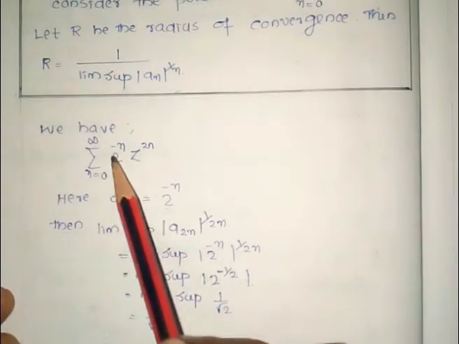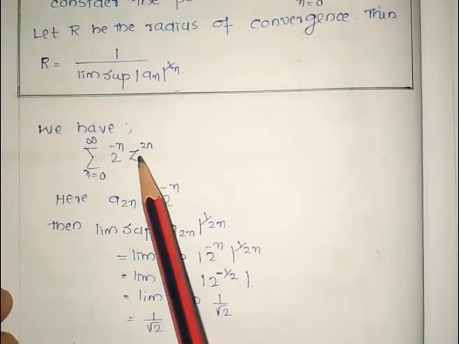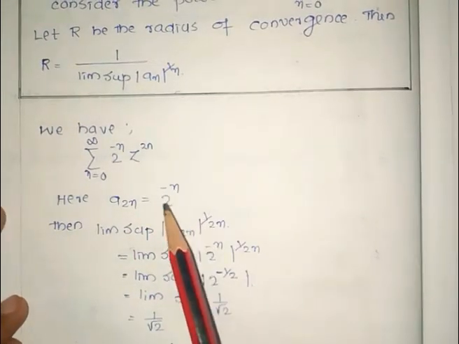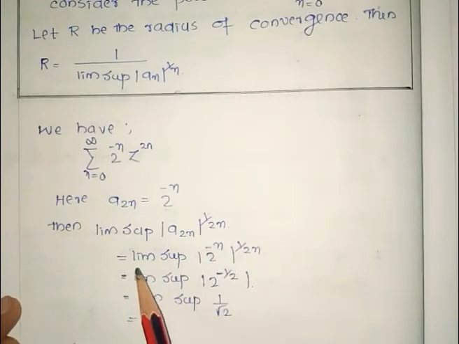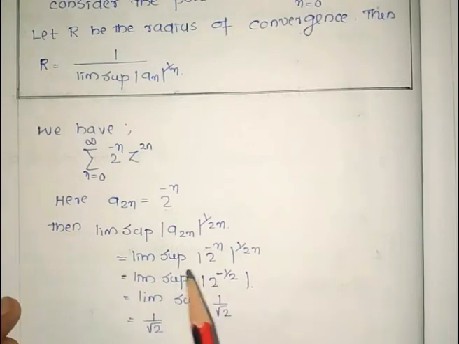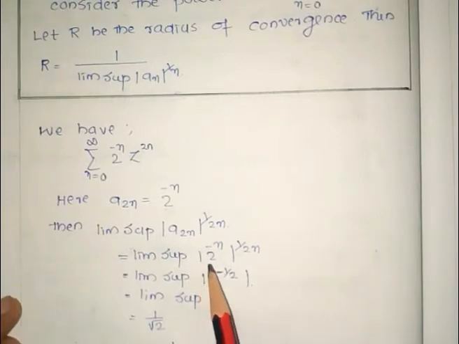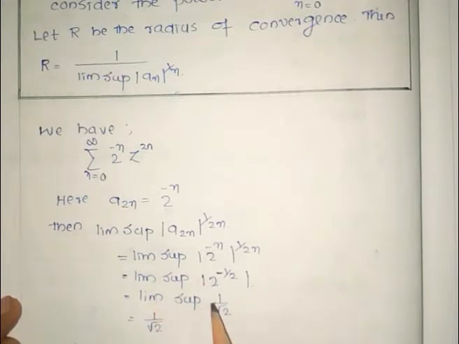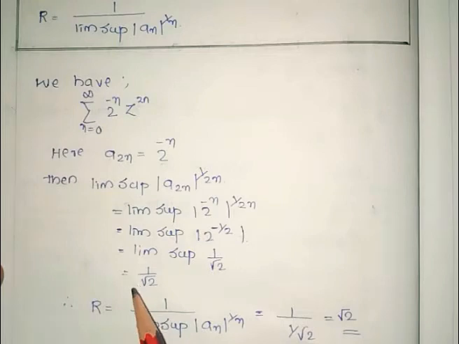So here we are given a_2n, because z is of power 2n. Here a_2n is equal to 2 power minus n, then limit supremum mod a_2n all power 1 by 2n is equal to limit supremum mod 2 power minus n all power 1 by 2n, which is equal to limit supremum 2 power minus 1 by 2, which is equal to 1 by root 2.